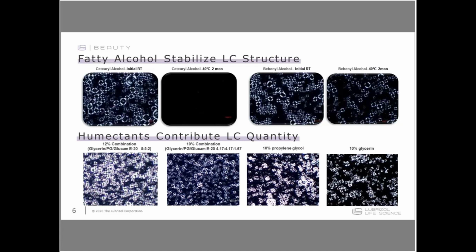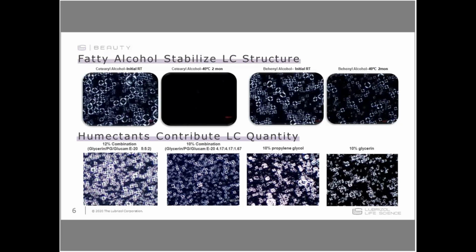In the top row, we compare the performance of cetearyl alcohol and behenyl alcohol. Both can be used to stabilize the liquid crystal structure, but we found behenyl alcohol has a better long-term stability than cetearyl alcohol.